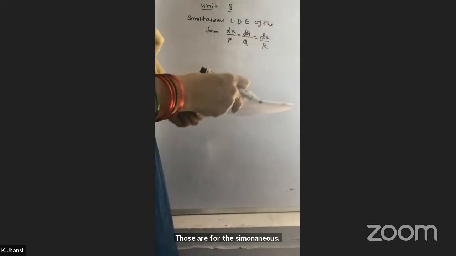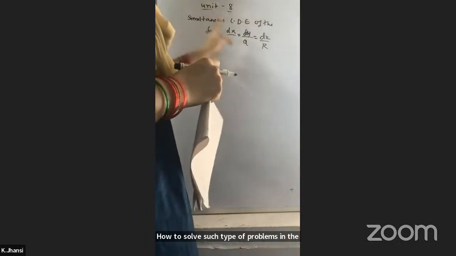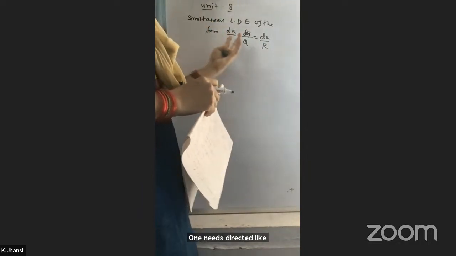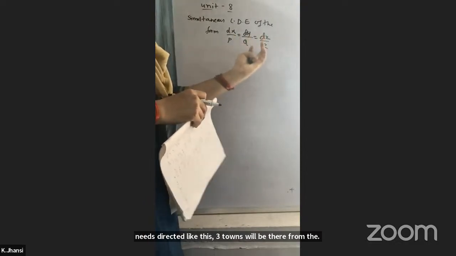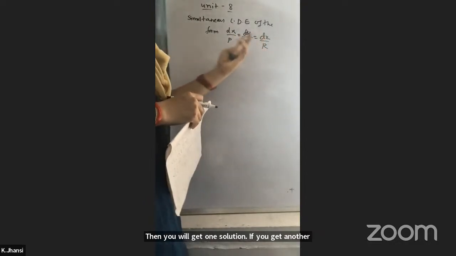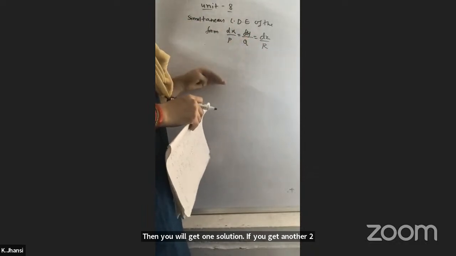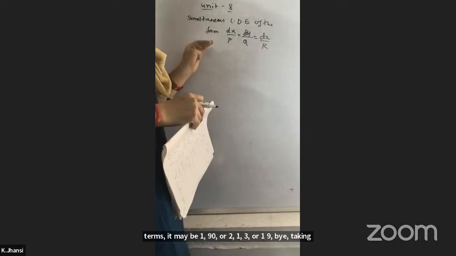How to solve such problems? I have told that two different methods are there. One is direct: three terms will be there, you take any two terms and you get one solution. If you take another two terms, it may be 1 and 3, or 2 and 3, or 1 and 2. By taking the first two terms you get one solution, by taking the second two terms you get another solution. That is one method.